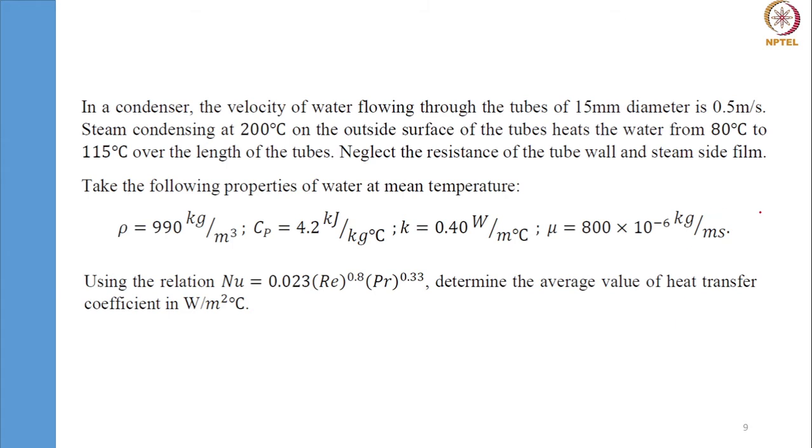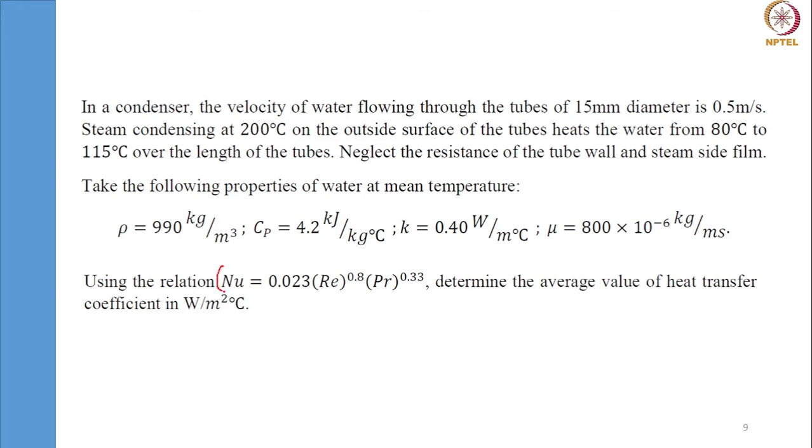We have a condenser where water flows through the tubes with some velocity, 0.5 meter per second, and steam is condensing on the outside of this surface from 80 degrees Celsius to 115 degrees Celsius. You can neglect the wall resistance and fouling, using a correlation.